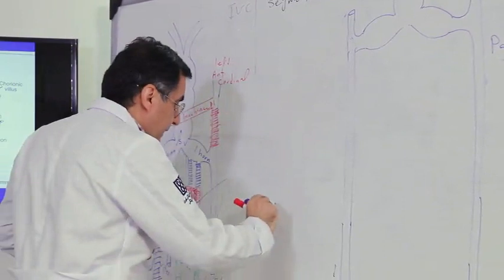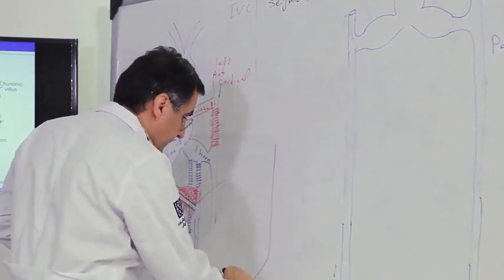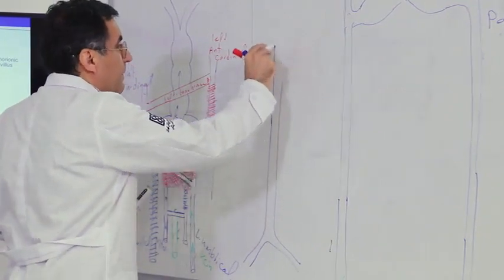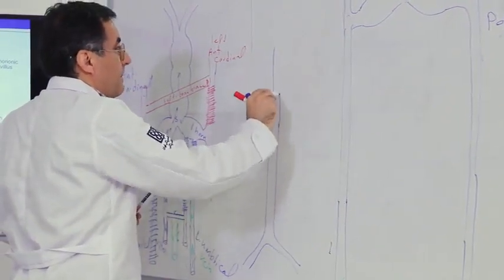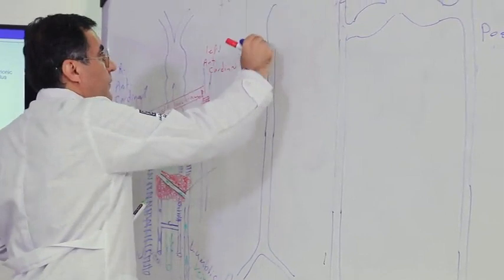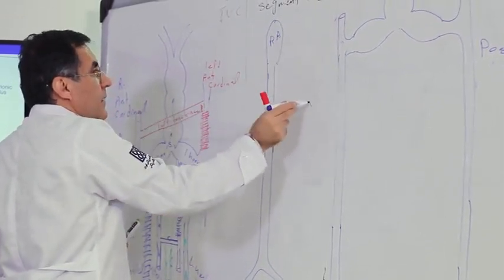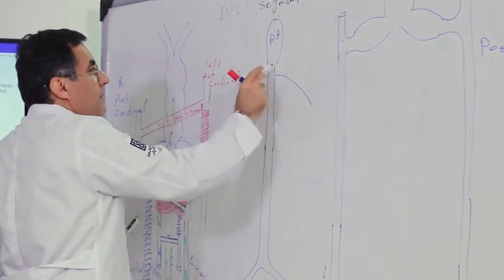And this is the IVC in the normal anatomy, draining to the right atrium. Here is the diaphragm.